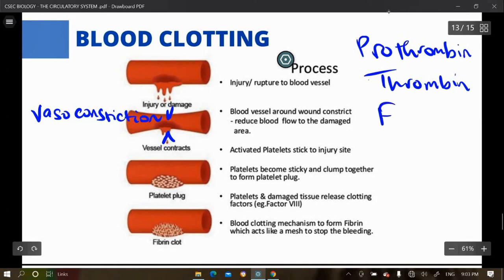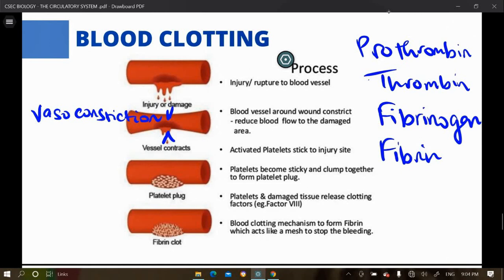Fibrinogen, and then fibrin. So basically, prothrombin, pro meaning before, will convert to thrombin, and then thrombin will convert to fibrinogen and then to fibrin.